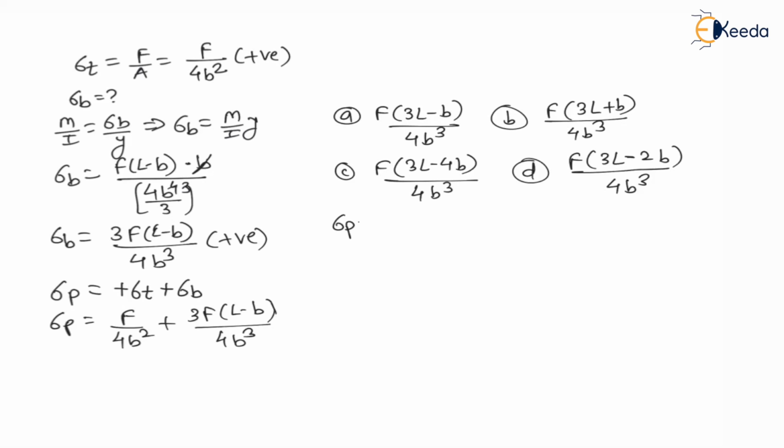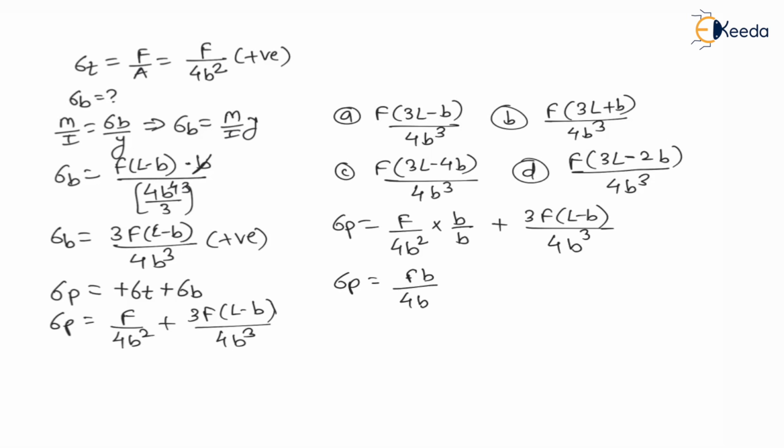Stress at point P equals F divided by 4b square, and if I multiply this with b and divide with b, there is no problem, plus 3F(L minus b) divided by 4b cube. Here the denominator is now the same, by multiplying b and dividing b to the first factor. Therefore stress at point P is Fb divided by 4b cube plus 3F(L minus b) divided by 4b cube.